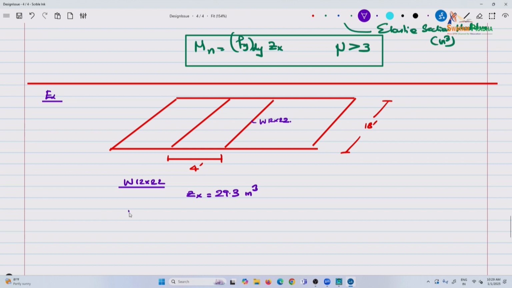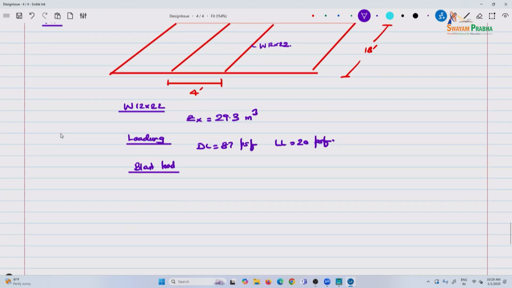and the loading applied is dead load is 87 PSF, live load is 20 PSF, and then the blast load is given to be, now, incident roof, walls, back wall, front wall, side walls and back wall, all incident pressures.